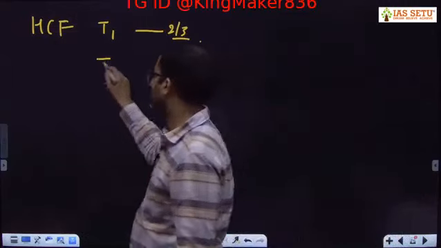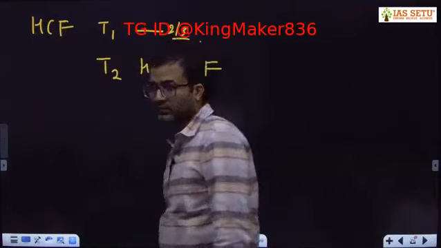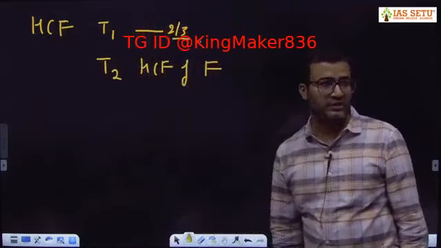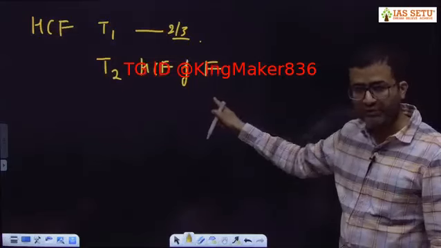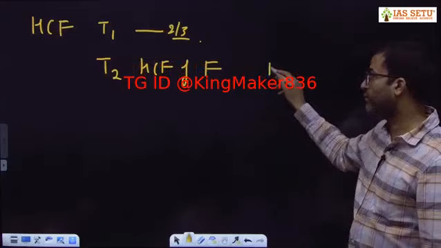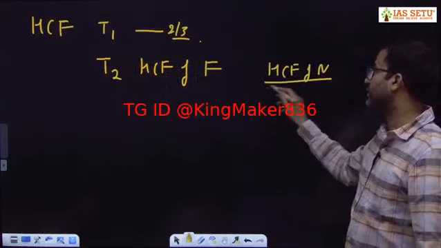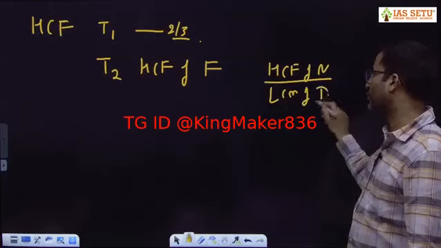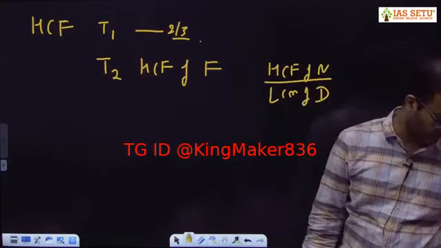Type 2, we have to find HCF of fractions. If fractions are given and we have to find HCF, step number 1, you have to simplify the fraction. Then our formula for HCF of fractions is HCF of numerator divided by LCM of denominator. I will take an example, don't worry.